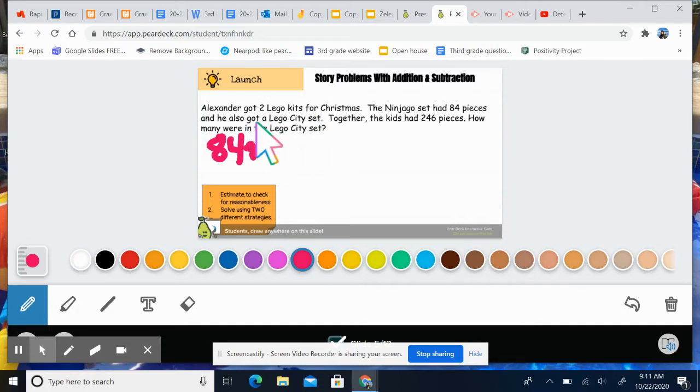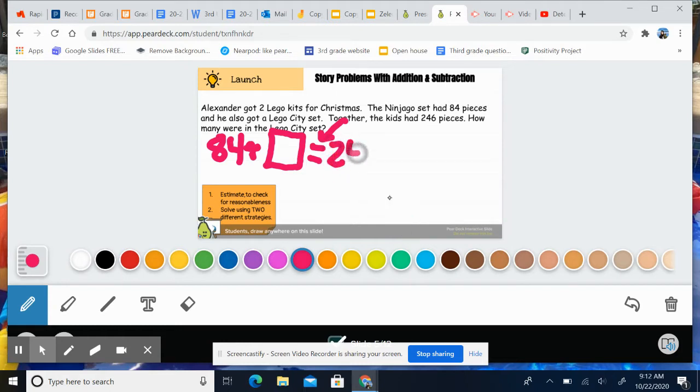However, there's no number near the word Lego City set. So that is an unknown partner. But it has the word together, which indicates that it is going to tell me how many pieces are between both sets, which is 246 pieces.